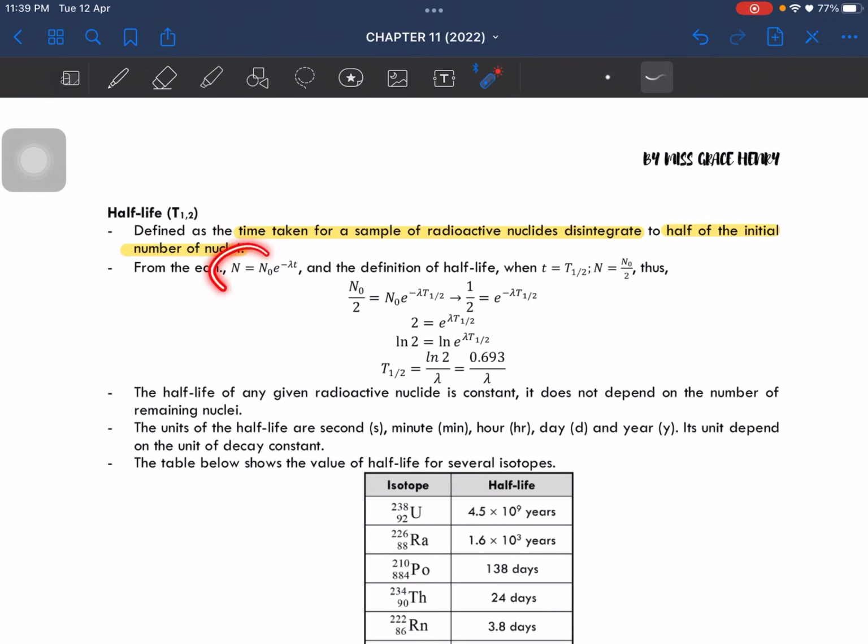Okay, so we get the equation just now and the definition of half-life, which is T equal to the half-life, and we get N equal to the initial number of nuclei divided by 2 lah. So we get this one. And then we are left with just the half-life punya equation, which is this one here.